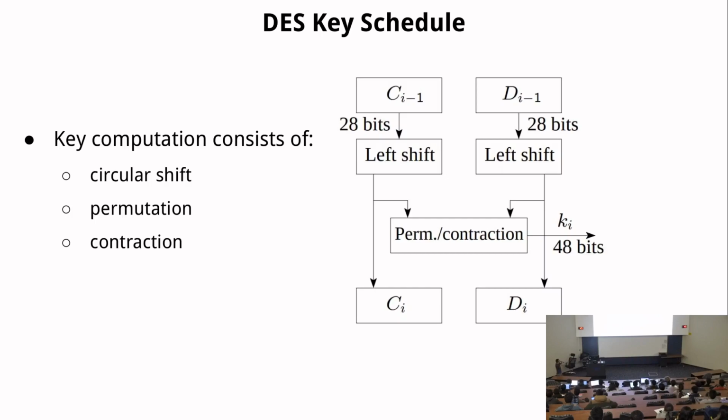We divide the original 56-bit key into two parts, C and D, each 28 bits. Then we shift the keys. Shift here is just a rearrangement, a permutation. Then it goes through more permutation and generates the 48-bit key here.